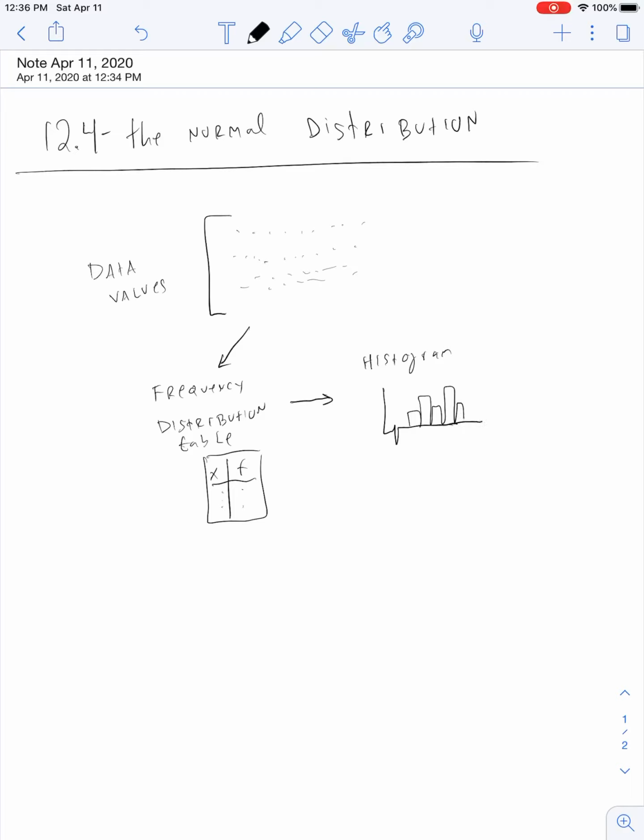All right, let's say that we are looking at a researcher who selects a random sample of 100 adult men.